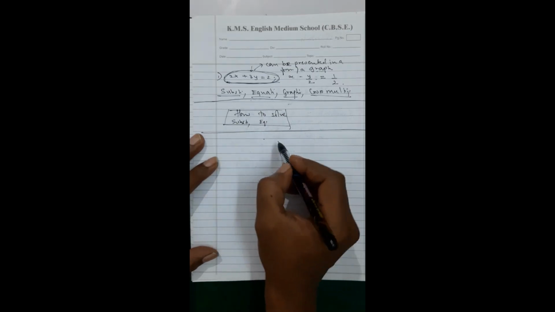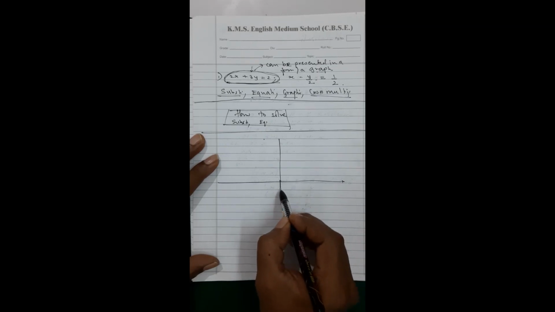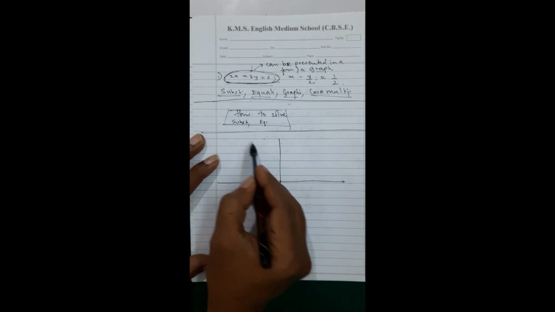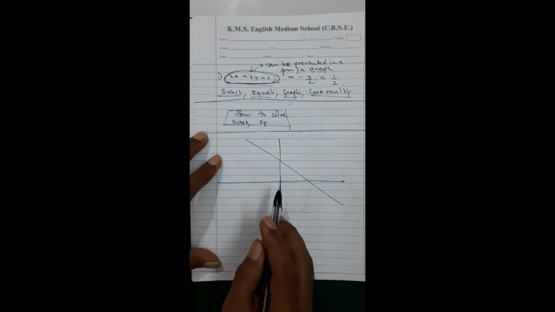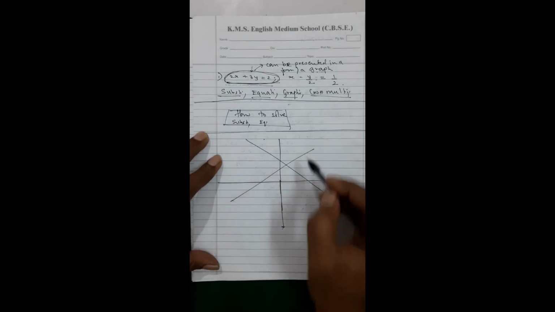And then what we do is that when we draw a graph of one equation, and then we draw a graph of another equation, when the two graphs are drawn, my dear students, you have to understand that there are three conditions possible.